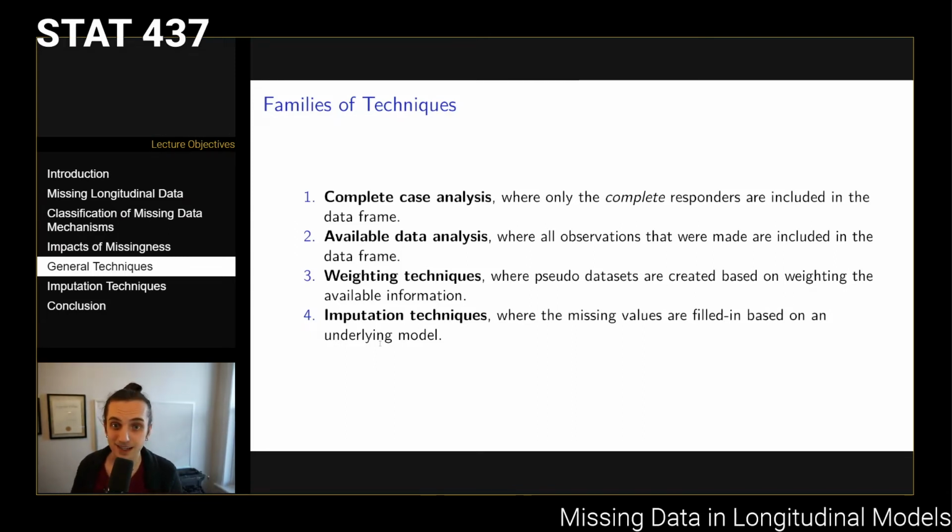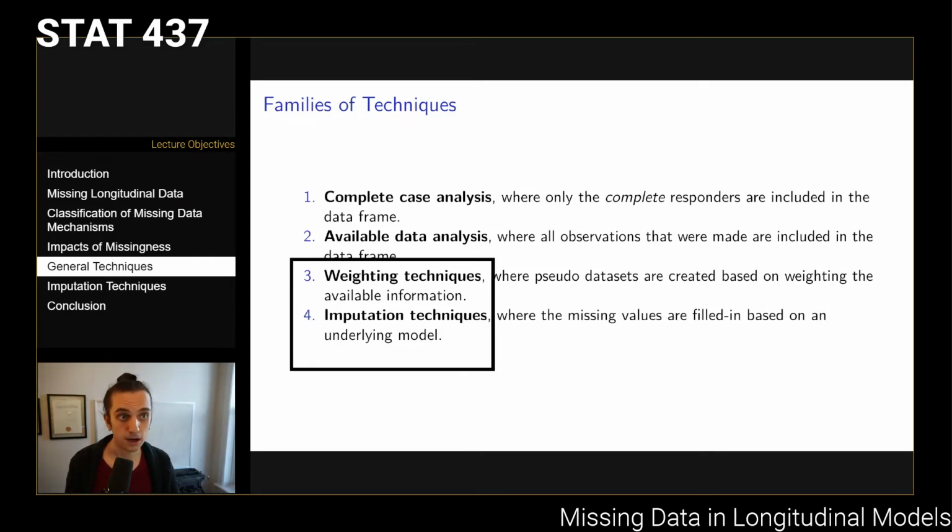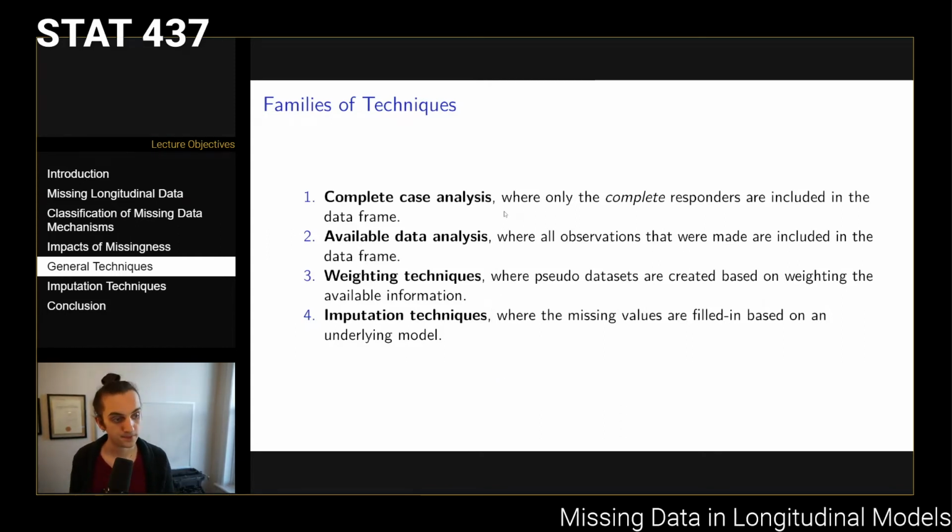So at their base level, what we're trying to do is predict the values that are missing, and if we've predicted them, we can fill them in and then pretend as though we actually had those observed. And if we adjust our standard errors, everything's going to work out nicely. Okay, so those are sort of the 4 overarching classes. The first 2, complete case and available data, should sort of only be relied on in extreme situations where you're just trying to do a quick analysis. But these weighting techniques and imputation techniques are both quite powerful, and we'll explore them now.